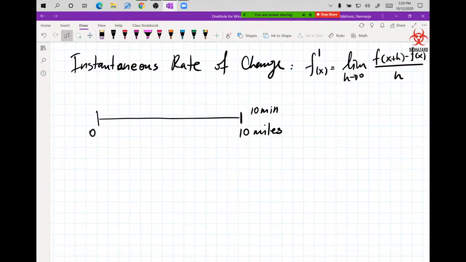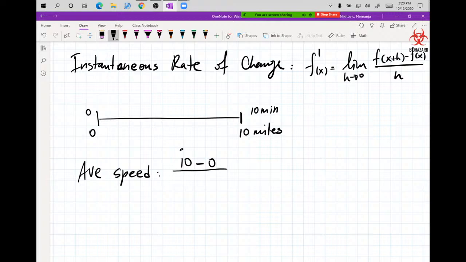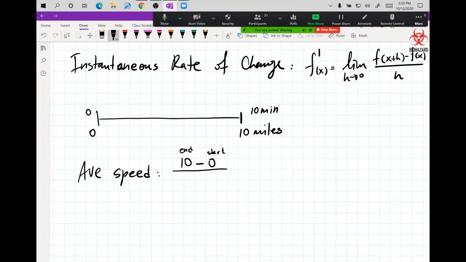So now what does that mean? Well, that's your average speed. So average speed was 10 miles minus 0 miles. So this is your end. This is your start. Divided by, now 10 minutes is 1/6 of an hour minus 0.